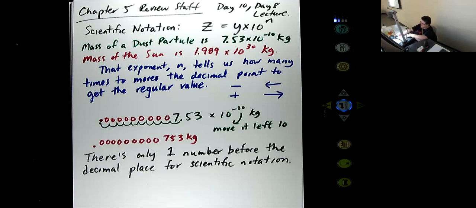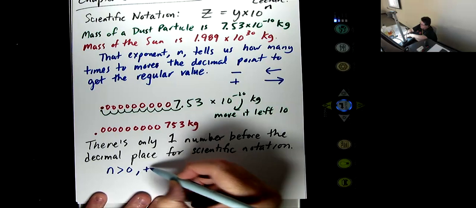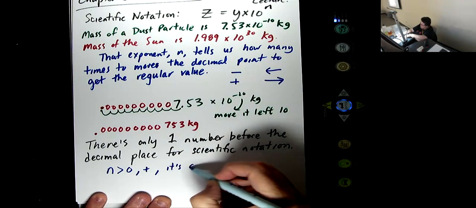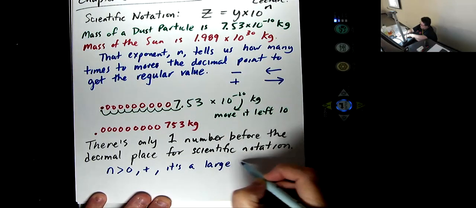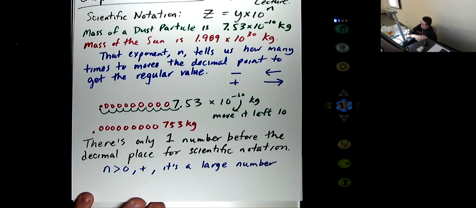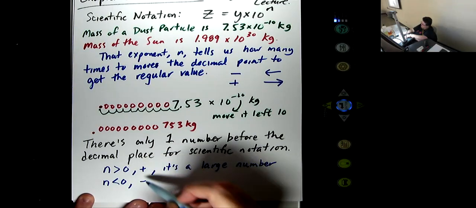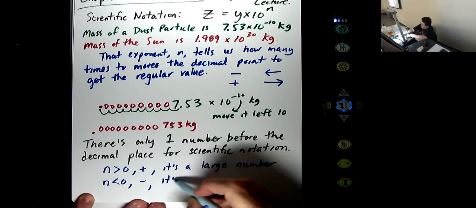When n is greater than 0, or positive, it's a large number. Whether it's really large is dependent on how big that exponent is. When n is less than 0, or negative, it's a small number.